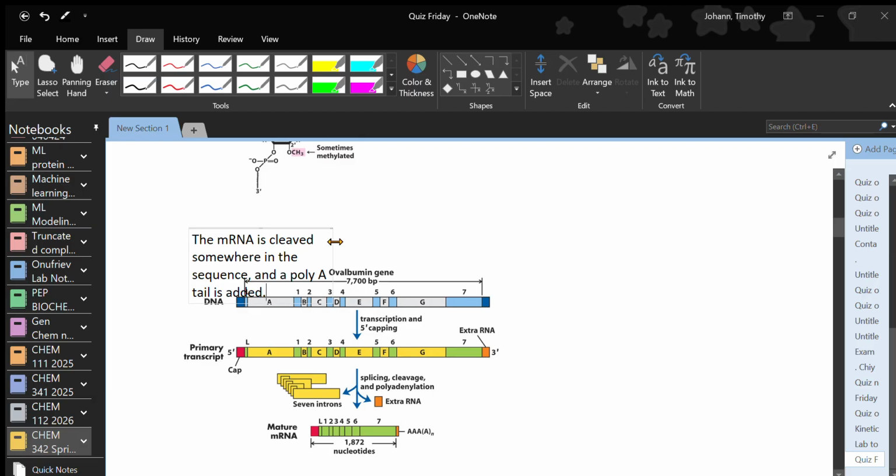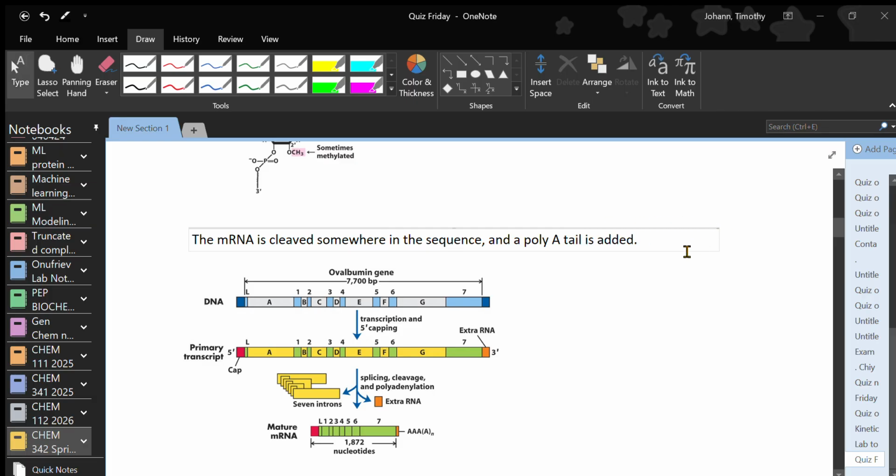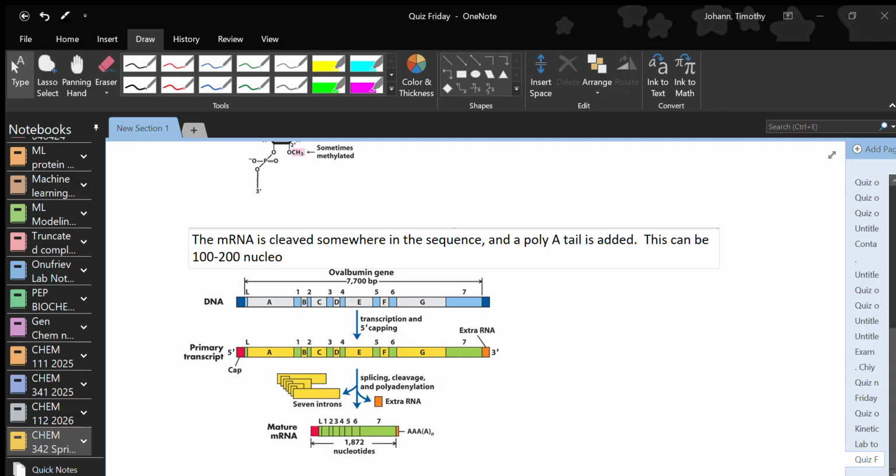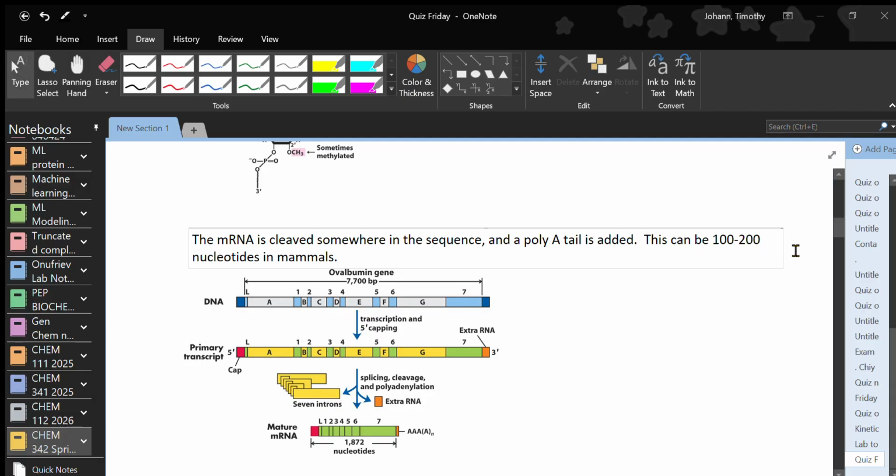That poly A tail can be, I'm trying to remember if it's 120 nucleotides, I'm going to just say 100 to 200 nucleotides in mammals. Here we are talking about higher eukaryotes, rather than bacteria.